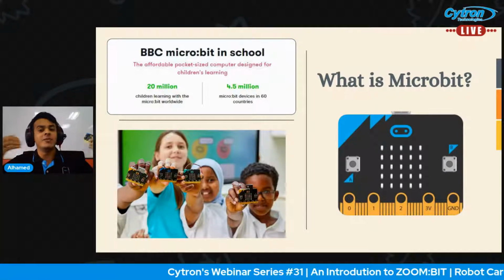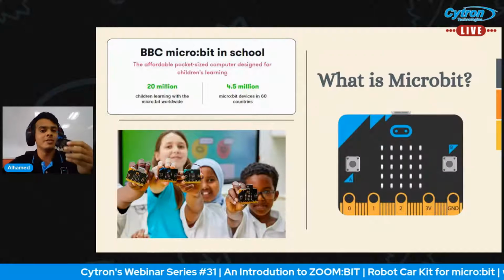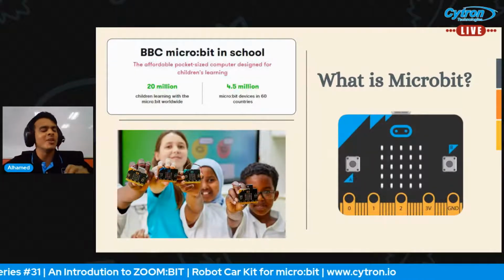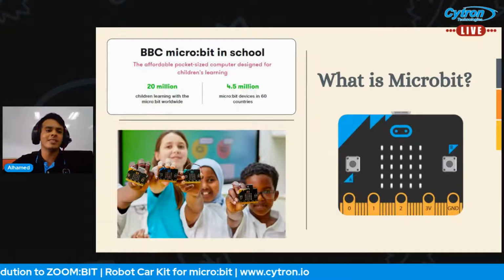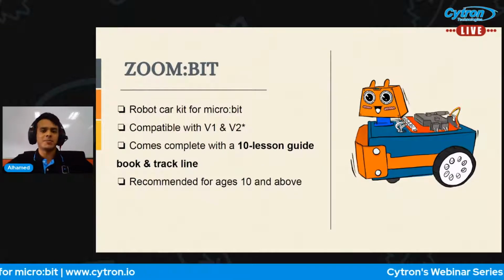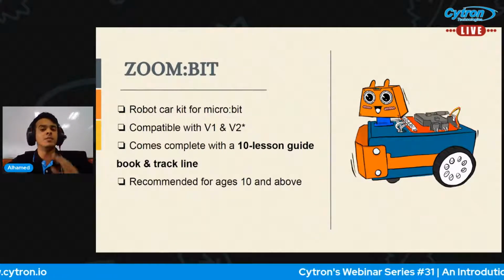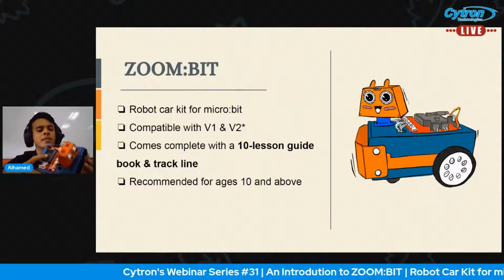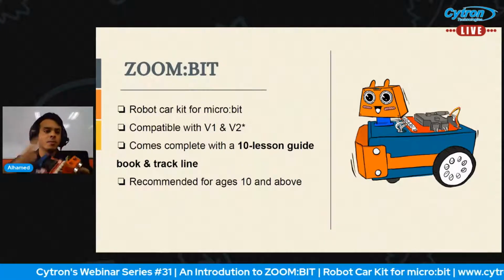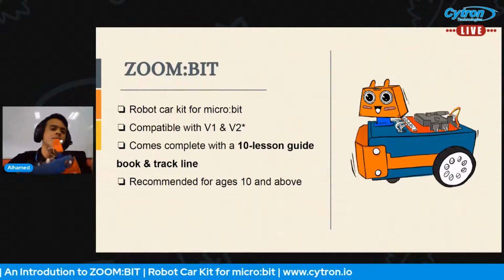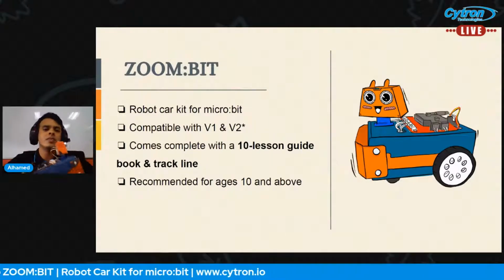So after we have a clear understanding of the microbit, let's get back to our main topic today, which is ZoomBit. As I mentioned, ZoomBit is based on microbit. Microbit comes in two versions, V1 and V2, and ZoomBit is compatible with each one of them.